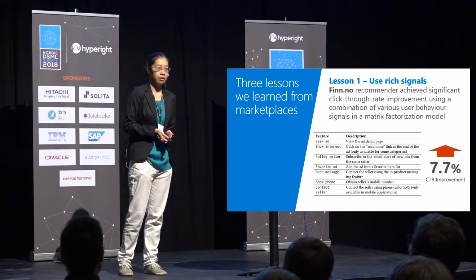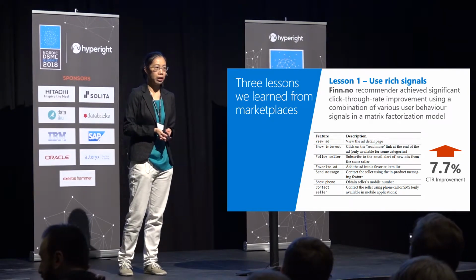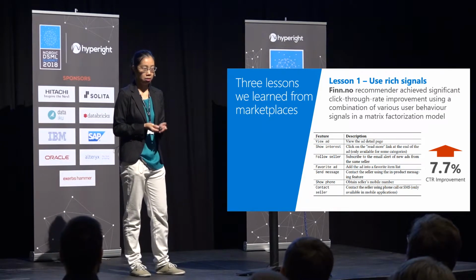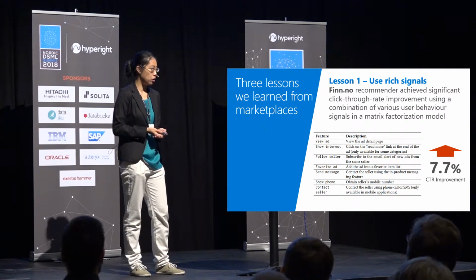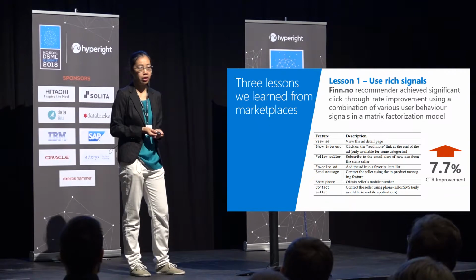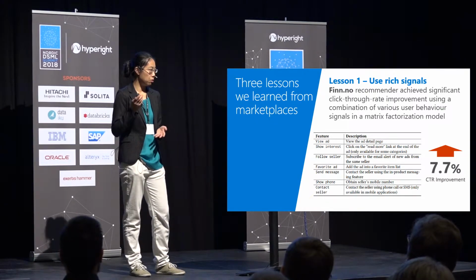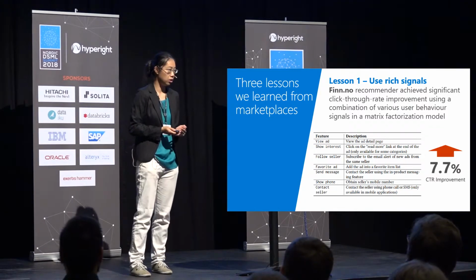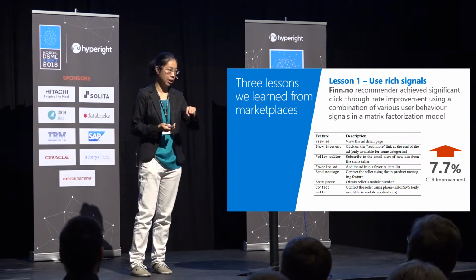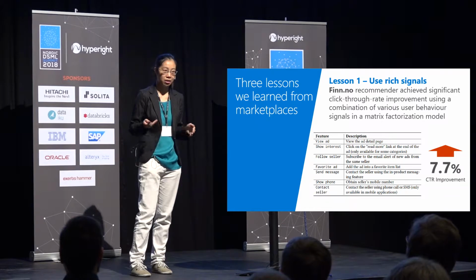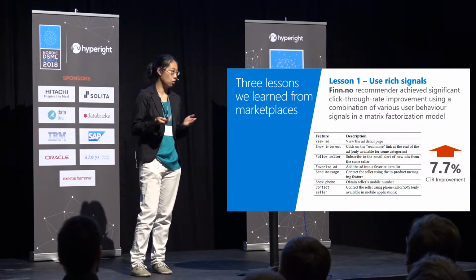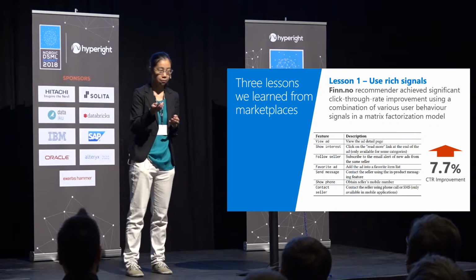What we tried at Fin is that we add lots of information together into a recommendation model. Here we used a matrix factorization, and we put a long list of different user behavior signals inside, including not only clicking to view an item, but also adding it to my favorite list, contacting the seller, sending a message, checking their phone.